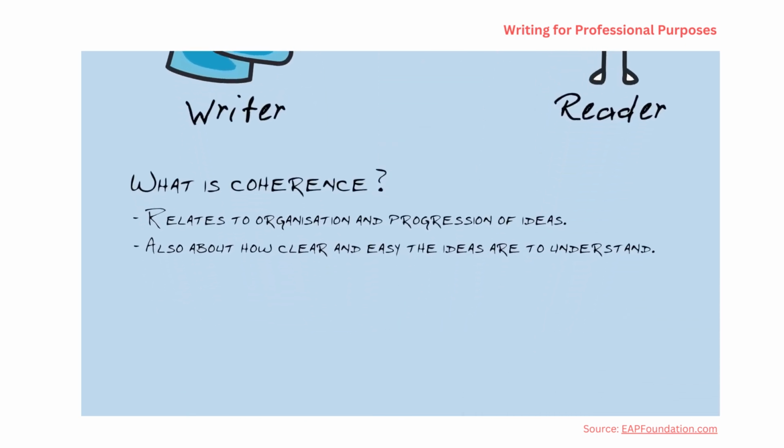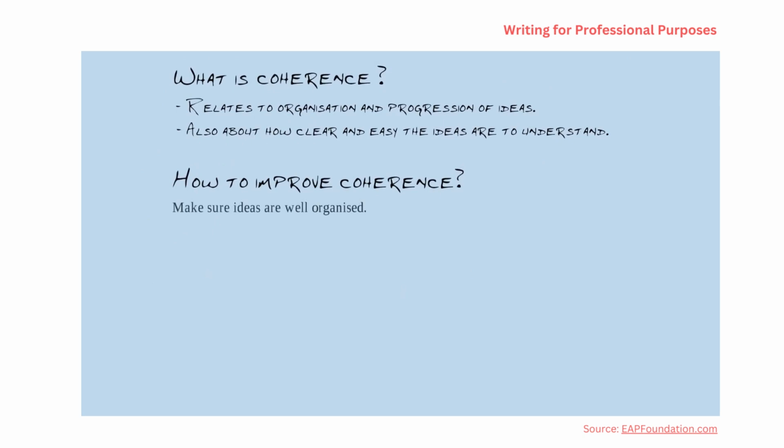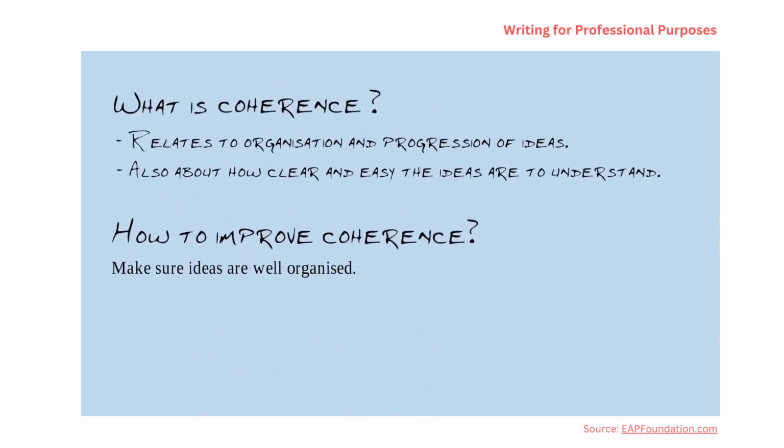How then can we improve coherence? Well, since it relates to the organization and progression of ideas, we need to make sure our ideas are well organized. And as it also relates to how easy the ideas are to understand, we need to make sure ideas can be understood by the reader. One way to help with the organization of ideas is to create an outline before writing.